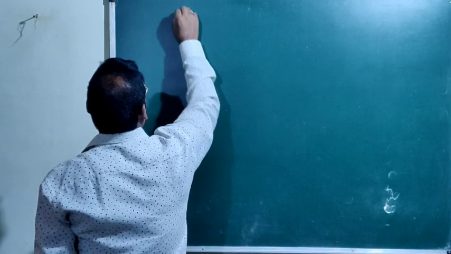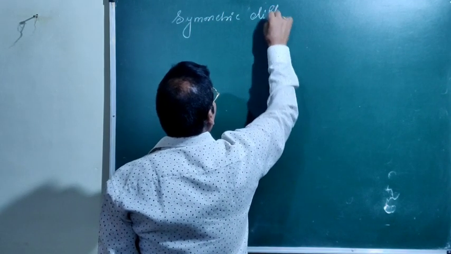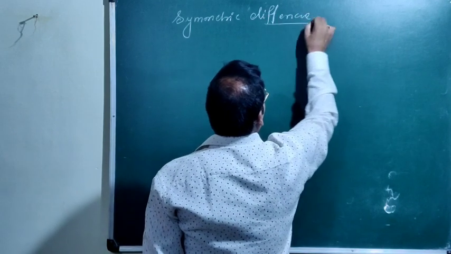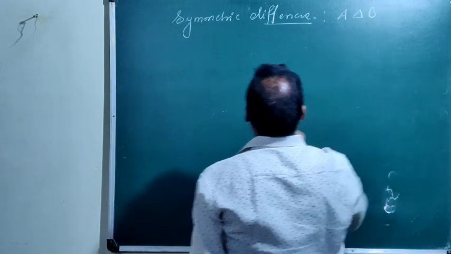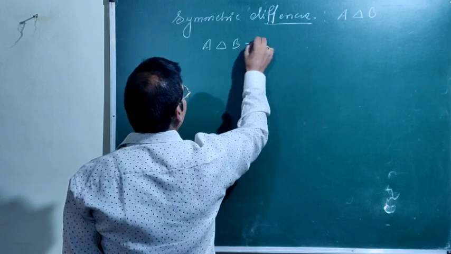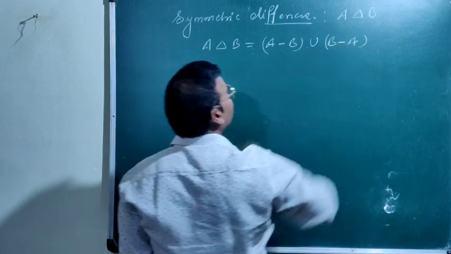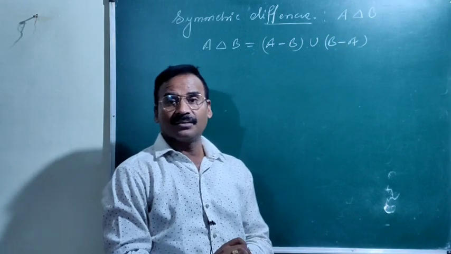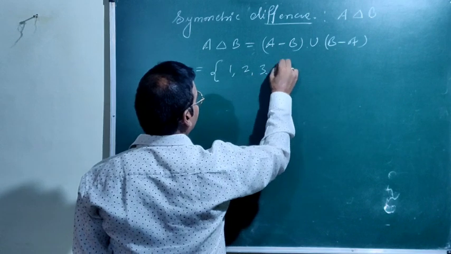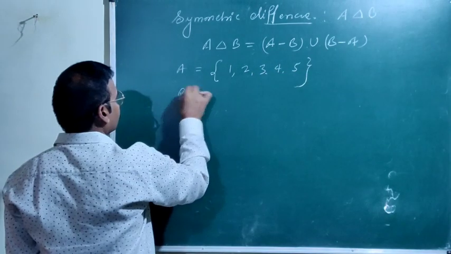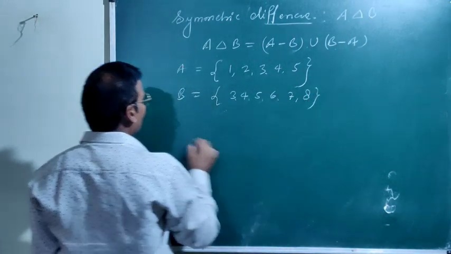In the same way, there is the symmetric difference. The symmetric difference is denoted by A symmetric difference B, and it is A minus B union B minus A. For example, now what is A minus B?